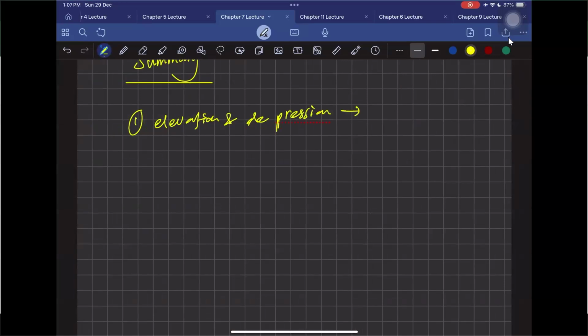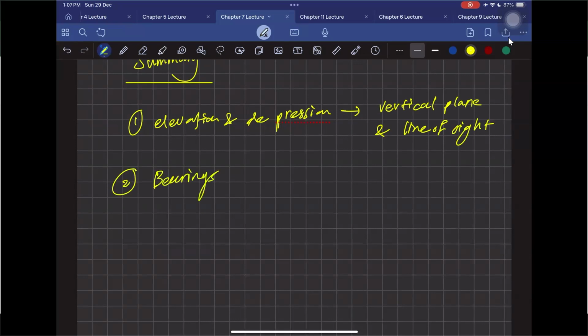For this concept, always note that you should look at it as the angle formed between the horizontal plane and the line of sight. And then the next concept we have learned is bearings. For bearings, whenever they say from A, if it's point A, then your north pole is at point A.